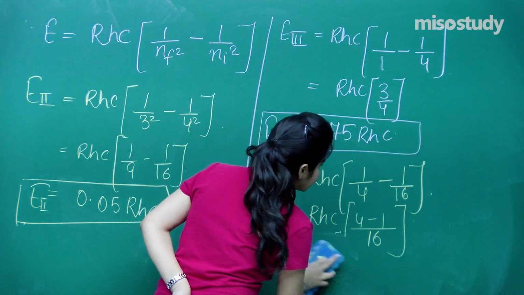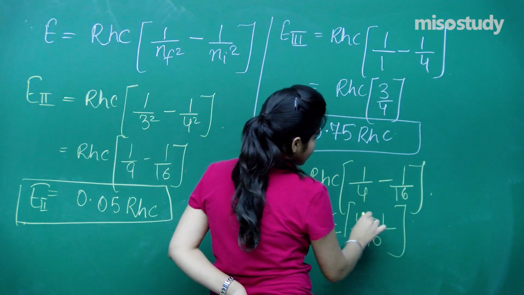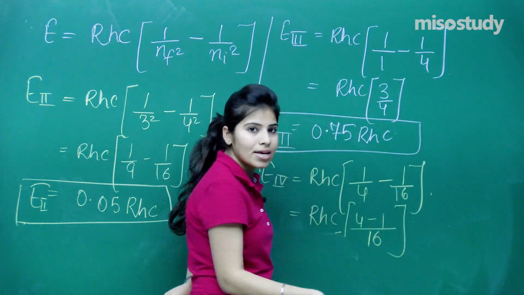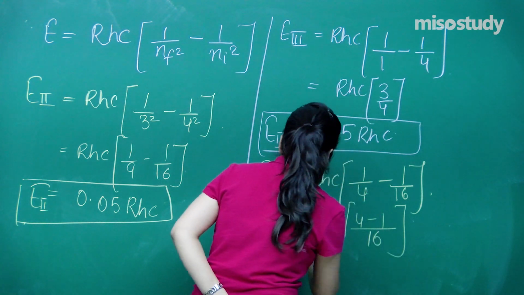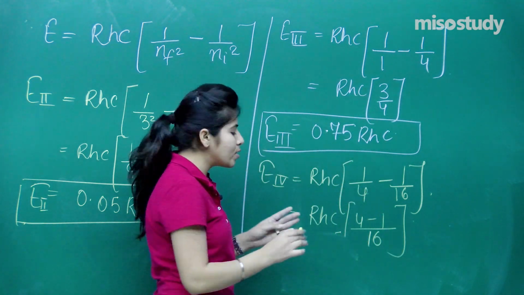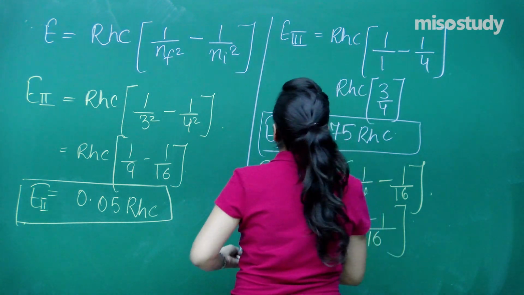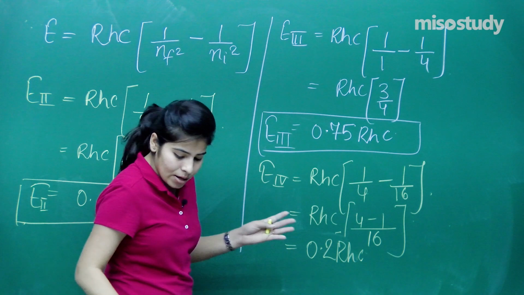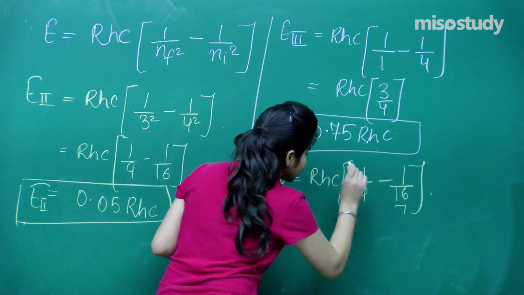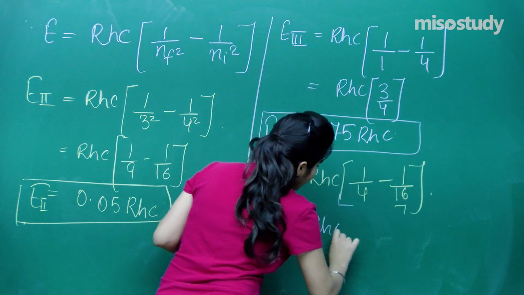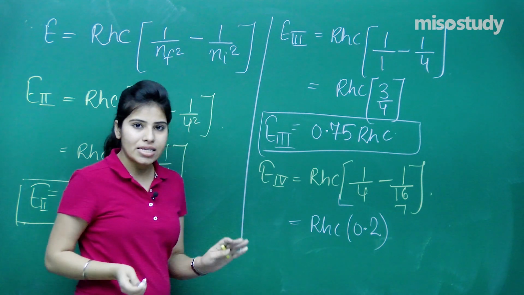If you take the LCM of 4 and 16, that will definitely be 16, and 4 4s are 16, so 4, 16 1s are 16. Now if you solve it, you will see that your value comes out to be something like 0.2 RHC. I know that you can solve it easily, so I am directly writing it as 0.2 RHC.